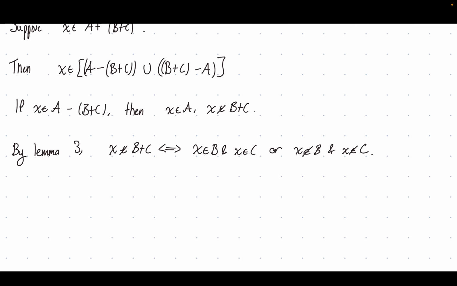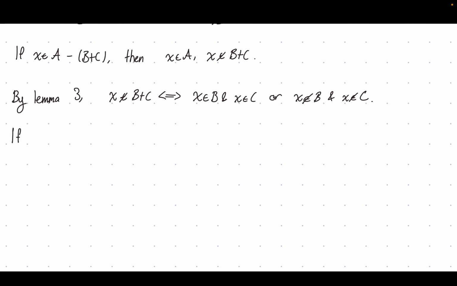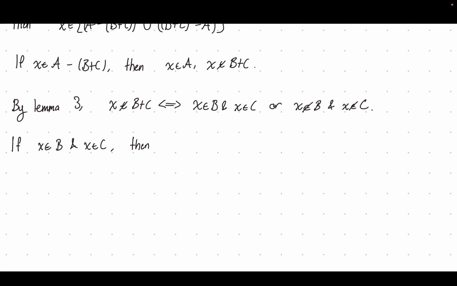So now we have two cases, and we don't have to go through all the tedium of breaking down this set any further. Right, because that took me a long time, and it's not fun, but you can try it. All right, so if X is in B and C, and X is in C, then what?